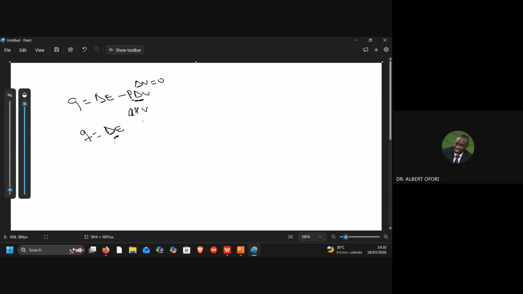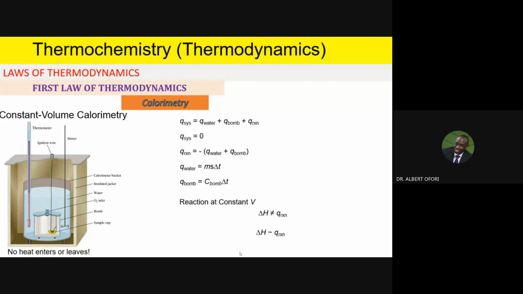And that change in energy is the internal energy, which we can also relate closer to delta H. So what we are saying here is that when we have a reaction in which the volume is not changing, then the enthalpy change is not the same as the heat of that reaction.